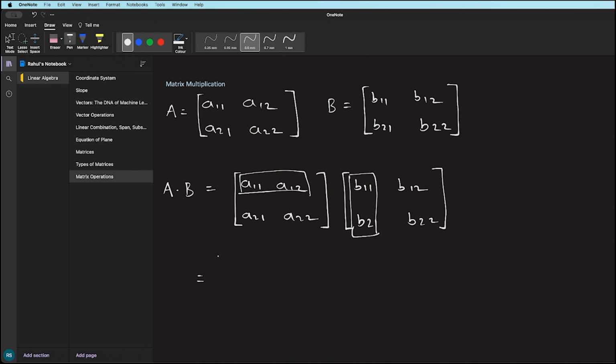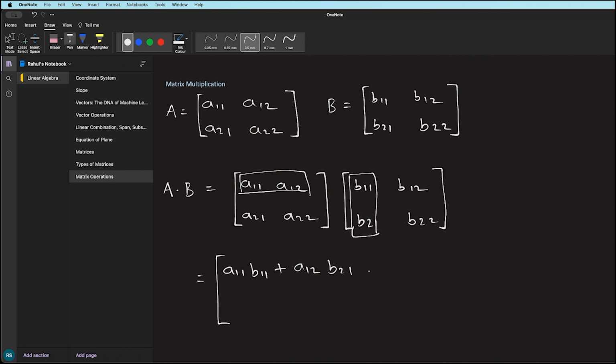So the first element of the resulting matrix will be, I will multiply A11 with B11 and A12 with B21, and I will do the sum of these elements. So this will be the first element, that is A11 B11 plus A12 B21.